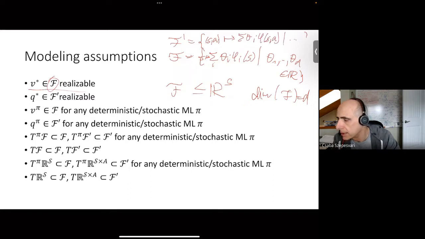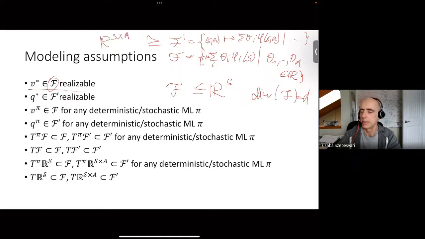Otherwise, it's the same thing. This is a d-dimensional subspace of an even bigger space, R to the SA. So the second assumption is that Q star lies in this set of functions. Can you do the computation in that case?